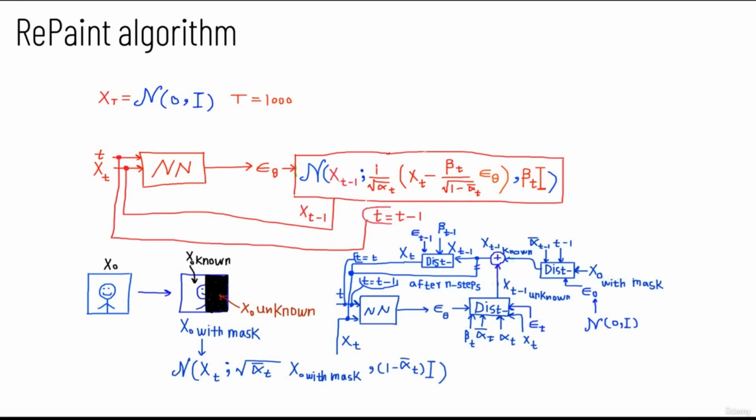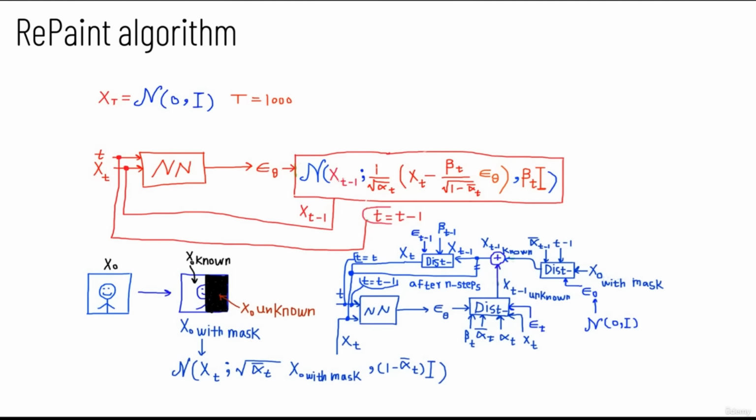And after finishing these harmonization steps, we will move 10 time steps backward, and we will reach time step 980, and we will apply harmonization steps again to harmonize the unknown part with the known part. So now, why do we need to move 10 time steps before applying this operation?